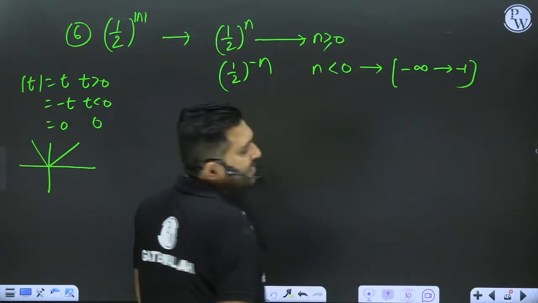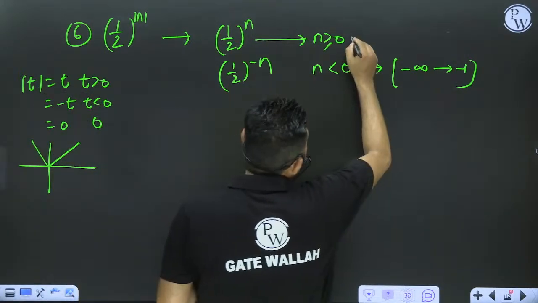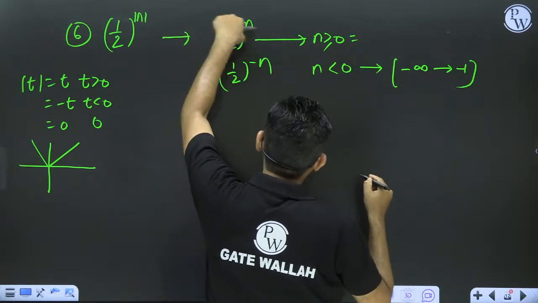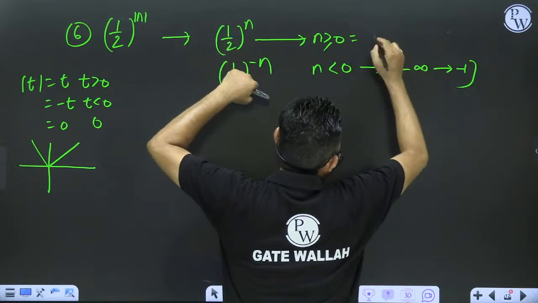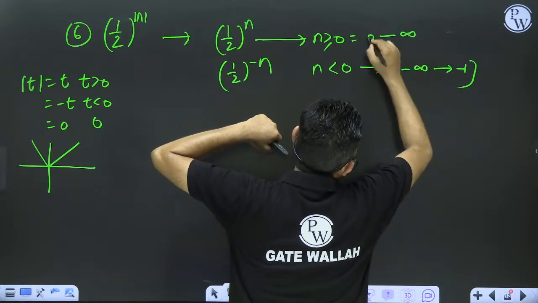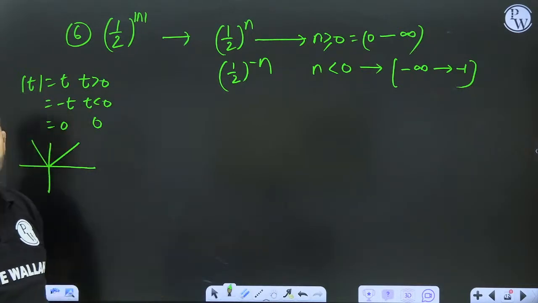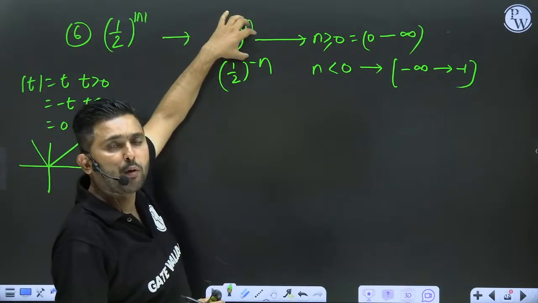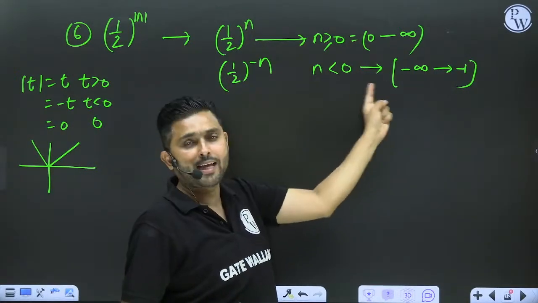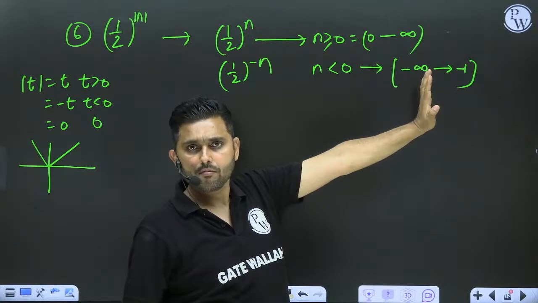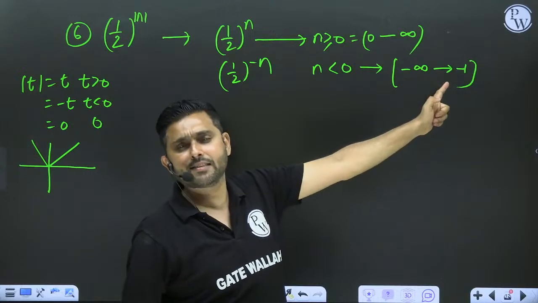And for n greater than or equal to 0, the limit is 1 by 2 to the power n from 0 to infinity. So when I say 1 by 2 to the power n, I am using the limit 0 to infinity. I am not using the 0 in the second one. Do you understand my point or not?